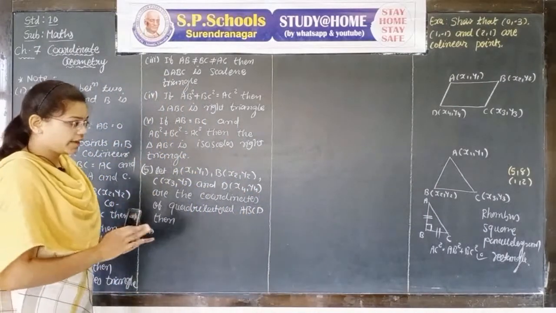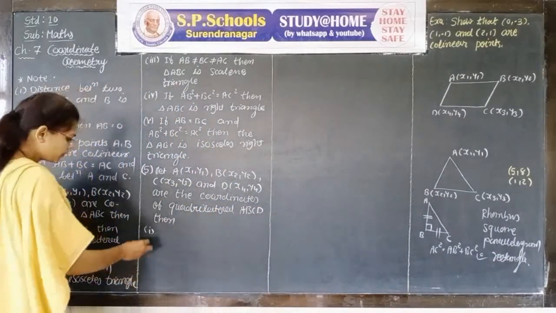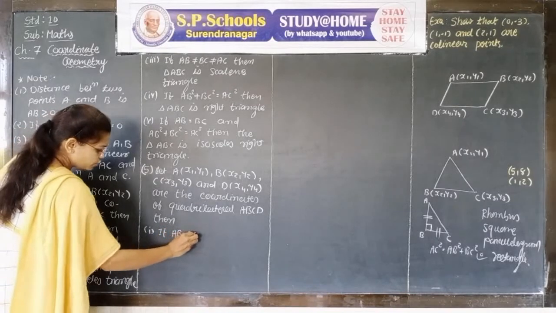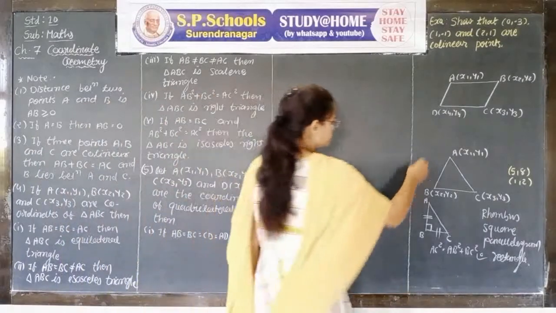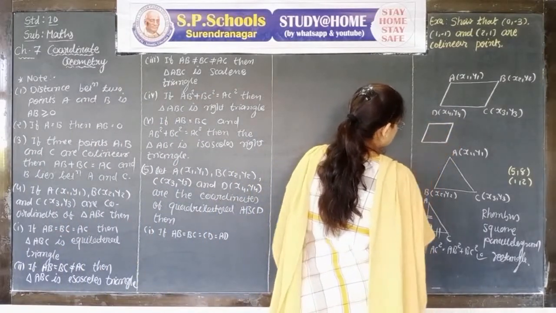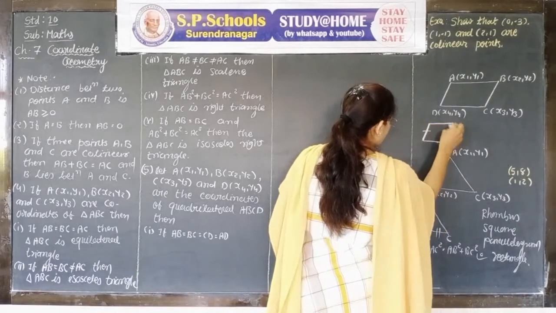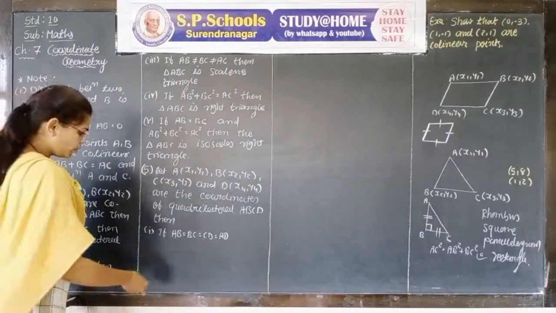We need to use the distance formula at least 4 times. If the 4 sides AB is equal to BC is equal to CD is equal to AD, the 4 sides are equal, then the quadrilateral will become a rhombus.